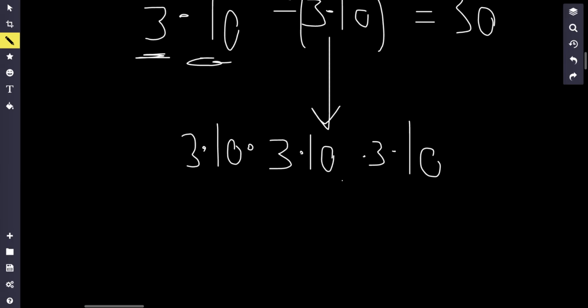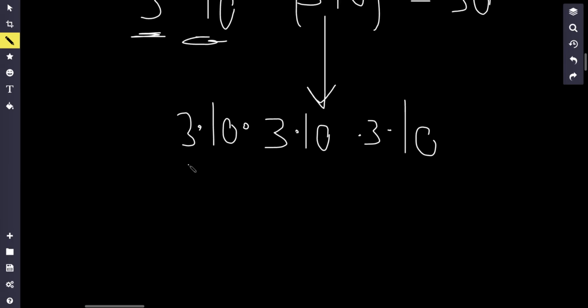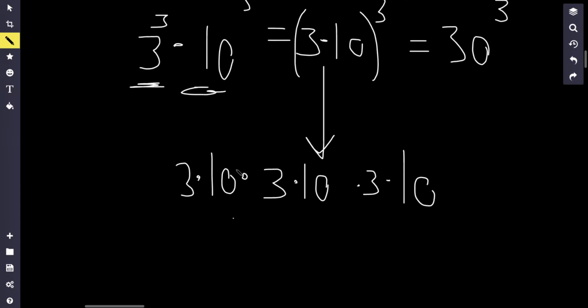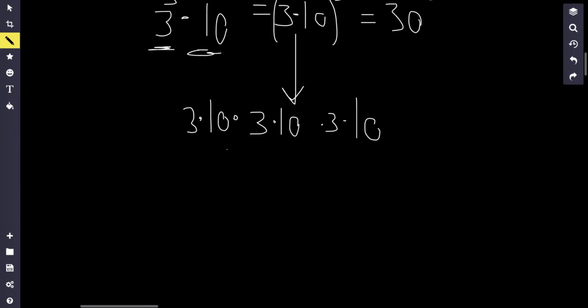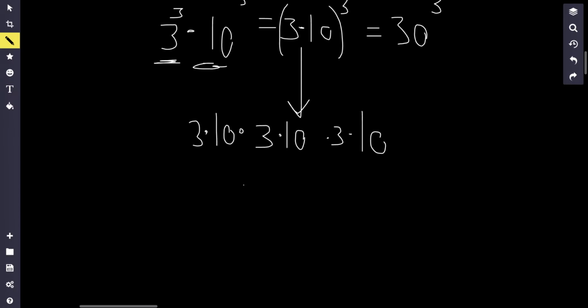What you'll notice is that, let's group the threes together and group the 10s together. Multiplication is commutative, meaning that if we have 7 times 5, this is just going to be equal to 5 times 7.